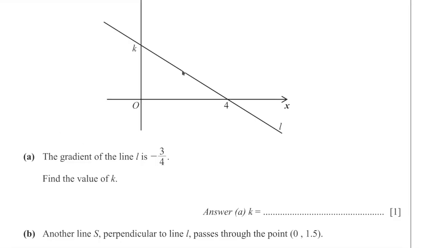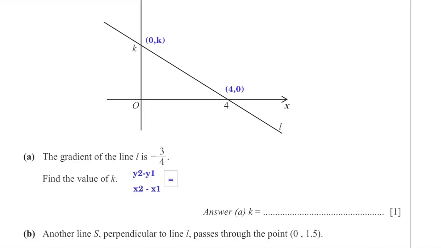So if this is minus 3 on 4, this is 4, 0, and that's K, that's 0, K. So this point here is the y-intercept, so it's 0, K. And this point here is 4, 0. It's actually the x-intercept. Finding the gradient, rise over run, which is y2 minus y1 all over x2 minus x1.